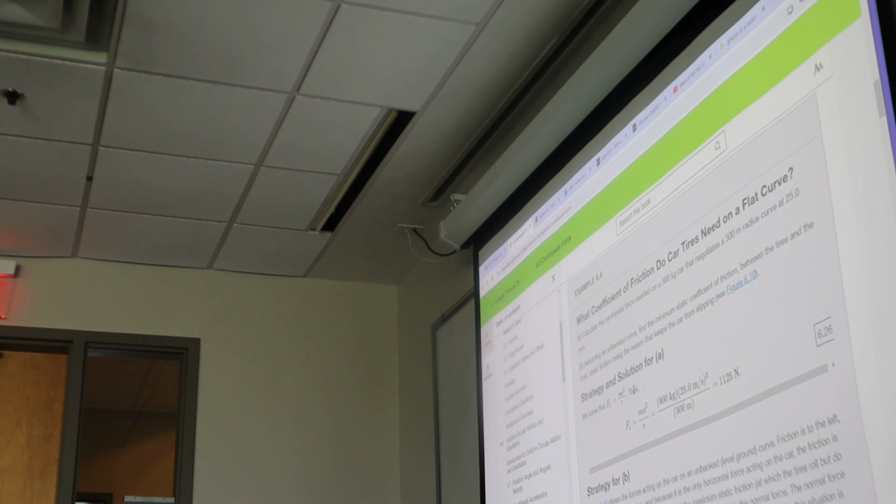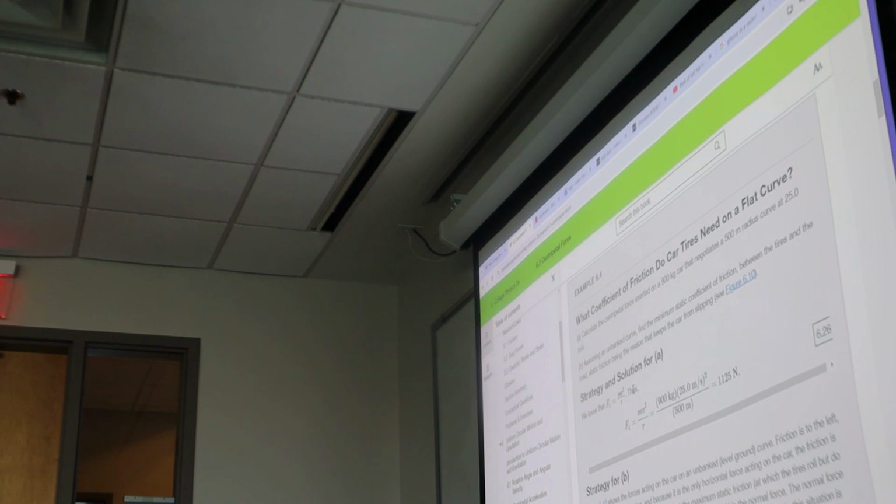And then it's saying mv squared over r. Mass times velocity squared over 500, which was the radius that they gave us. So that's our centripetal force. And where did I get mv squared over r?